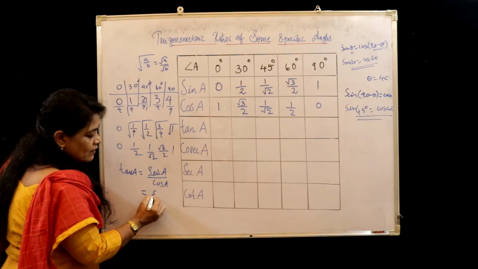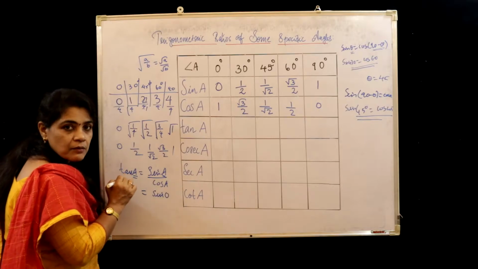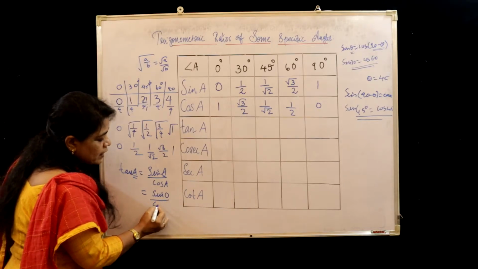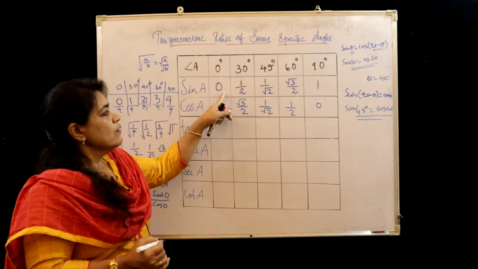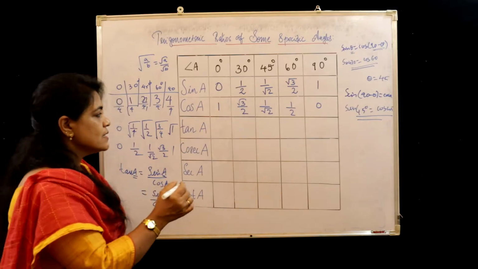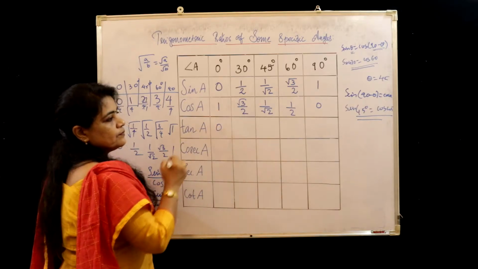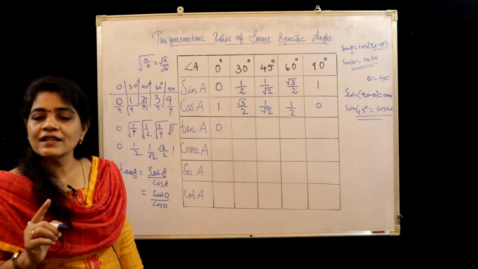Take the value of sin 0, this A must be the same measurement, divided by cos 0. That is sin 0 divided by cos 0. 0 by 1 is 0 itself. This is because of this quotient relation.